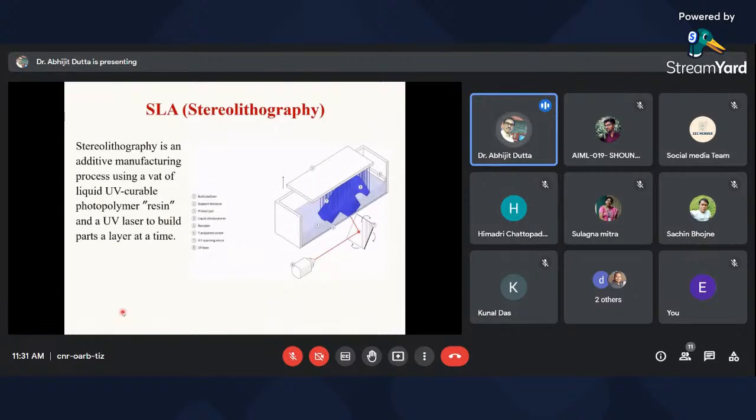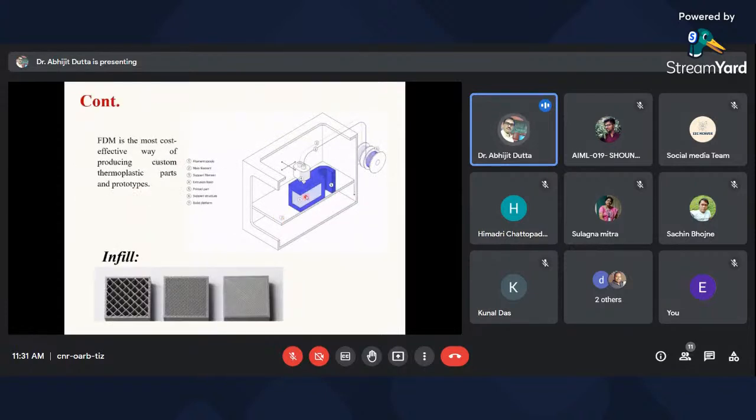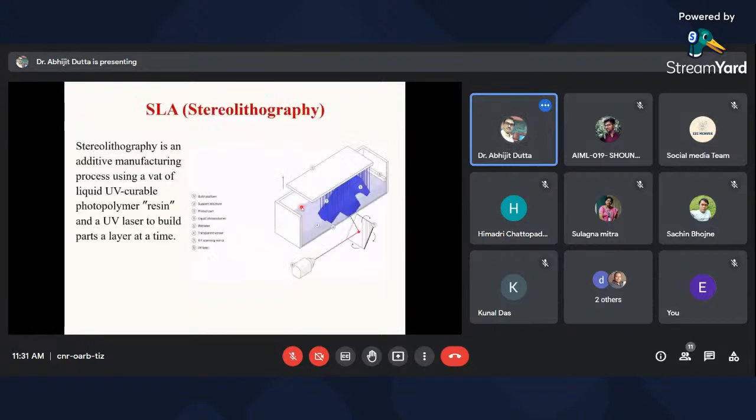Next is stereolithography. In stereolithography, you can see the printing takes place under the bed. In the previous one, the printing took place above the bed. Here, the printing takes place under the bed. This is a resin tank, and this is a UV torch that is focused on the resin.